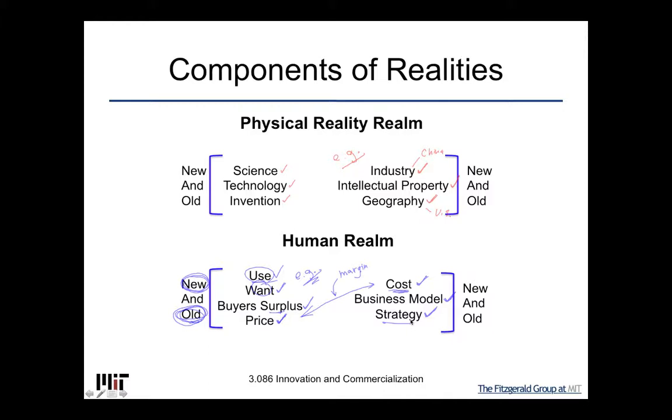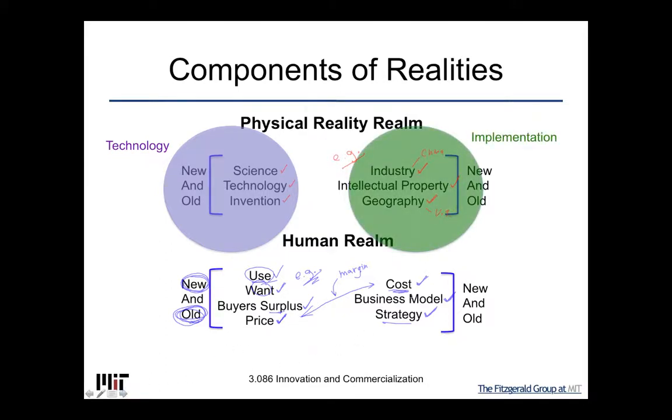So we've broken this down into these two realms. Now we're going to make some definitions. We're going to take the upper left corner, where the science and technology and invention are, and it's pretty easy to see that one of the big differences is new and old, but technology is going to be that realm. Then in the physical reality realm, the things that are needed to execute over here, we're going to call that implementation.